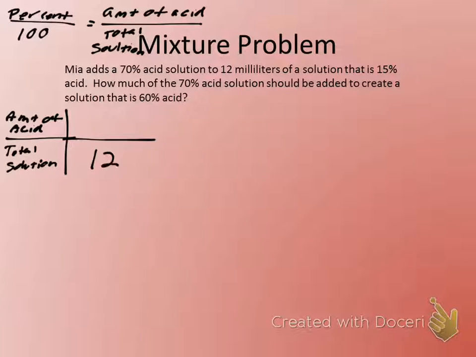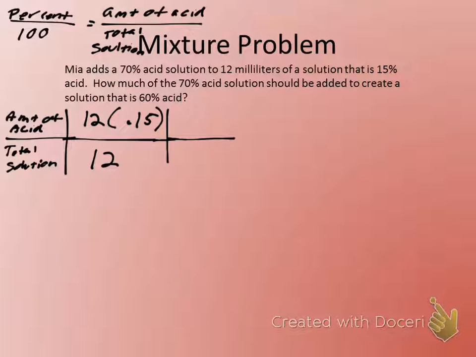So 12 goes here. And to figure out the amount of acid that's in that solution, you're going to take the amount of it times the strength of it. But you got to make that a decimal. So you want to take the amount of solution, which is 12, times the strength of it as a decimal, which is 0.15. So that's your first kind of column of your table.